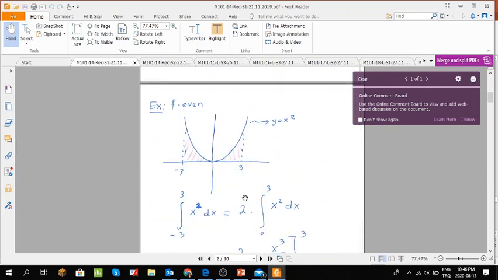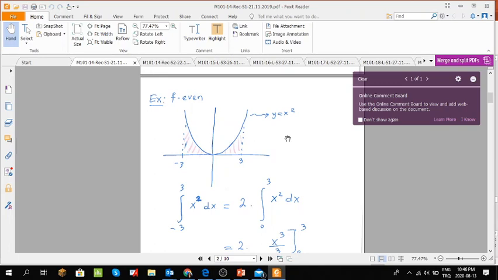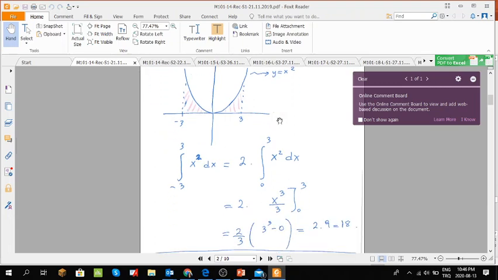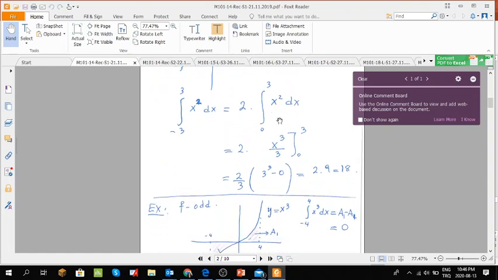Here are some examples. Here's a very famous function, y is equal to x squared. We know that this is even, and from negative 3 to 3, the area underneath the curve to the right of 0 and to the left of 0 are equal. So the integral from negative 3 to 3 of x squared dx is going to be the same as 2 times the integral from 0 to 3 of x squared dx. So it's 18.